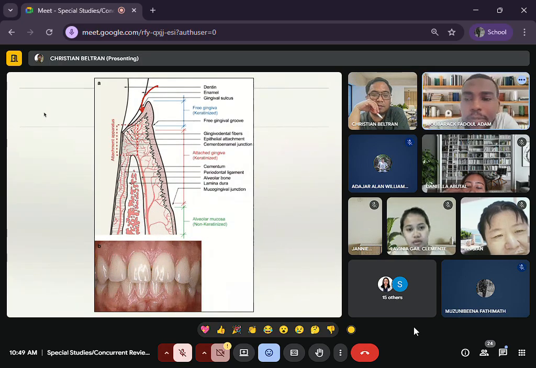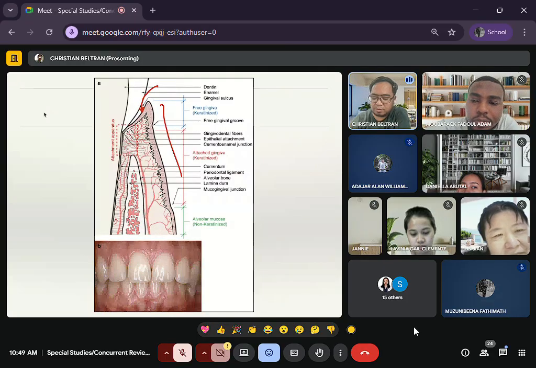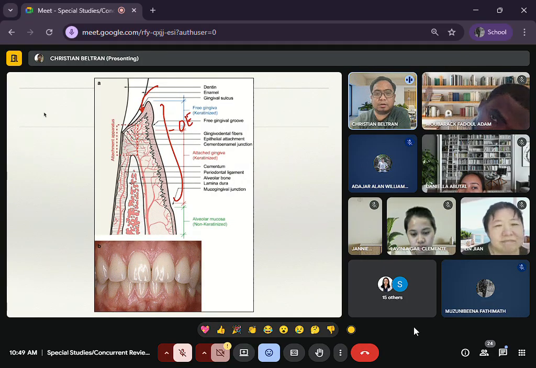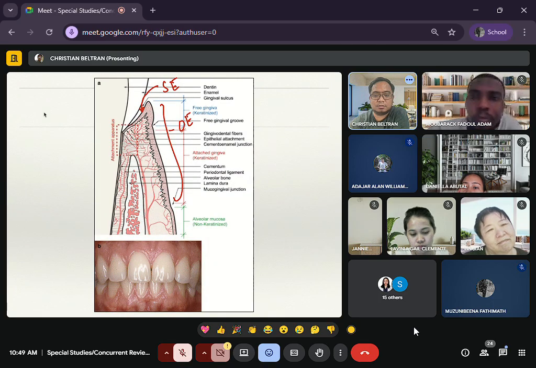This is the sulcular epithelium, and you have your oral epithelium here. Comparing your sulcular epithelium from your oral epithelium, which one is non-keratinized? The sulcular epithelium is non-keratinized.